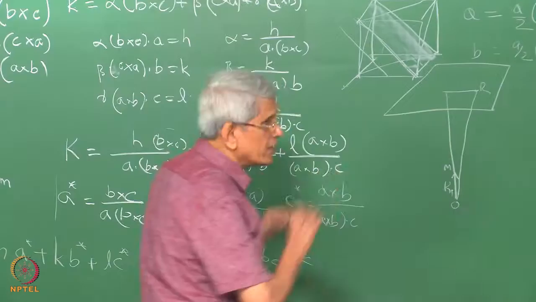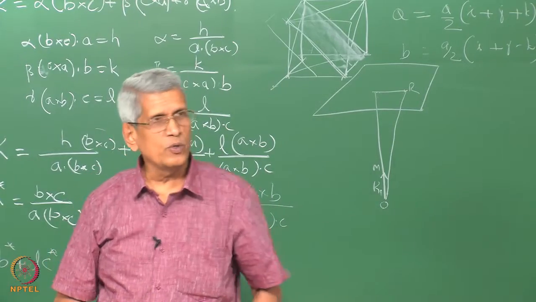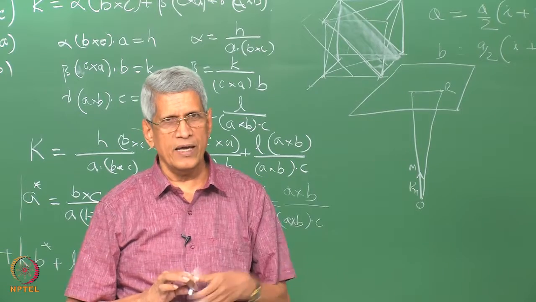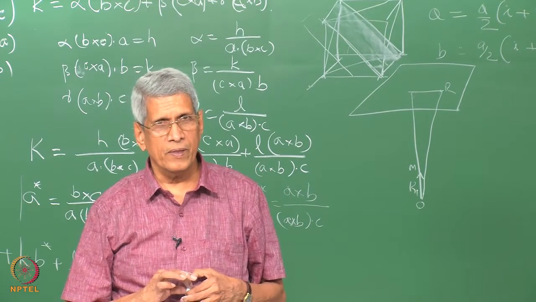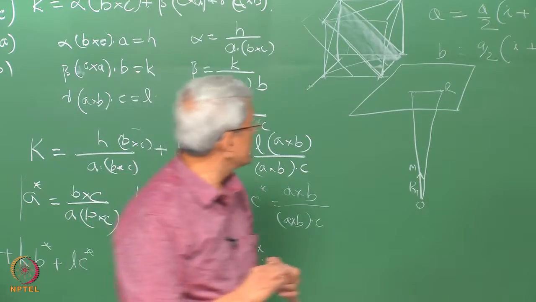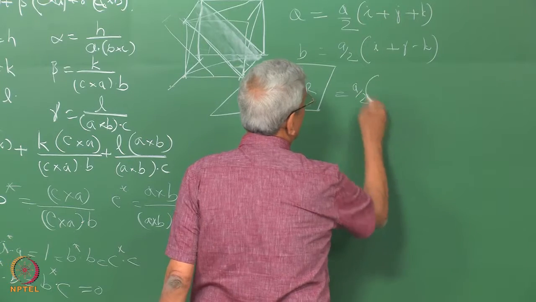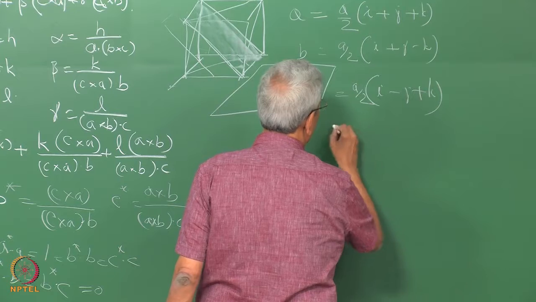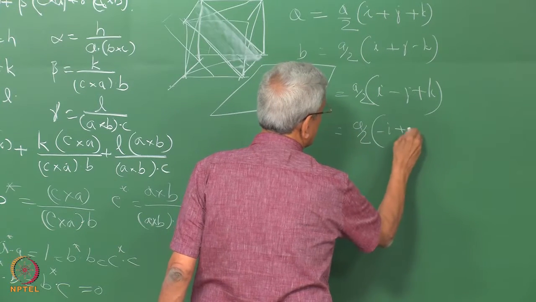This is a mathematical way in which we draw a reciprocal lattice, we have looked at it, correct. Another vector could be A by 2 times (i minus j plus k), and A by 2 times (minus i plus j plus k).